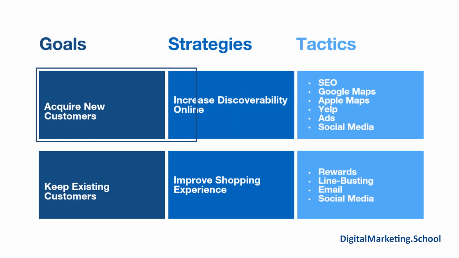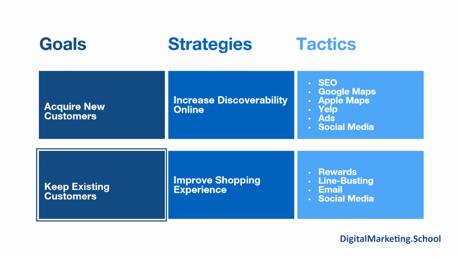So for example, if we're talking about acquiring new customers, that's goal number 1. The strategy that we're going to use to achieve that goal is to increase our discoverability online. And the tactics that we're going to use are going to be SEO, Google Maps, Apple Maps, Yelp, maybe some advertising, and social media. On the other hand, let's look at another goal.